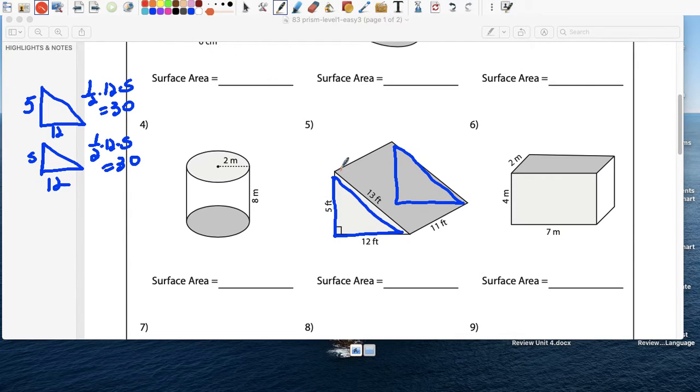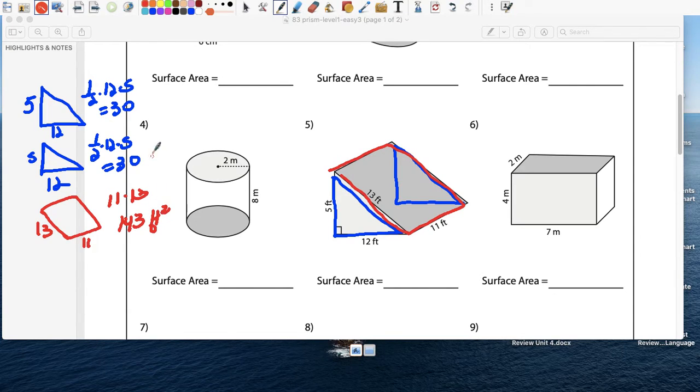Now we're going to do this part here. This is a 13 by 11, and base times height, right? 11 times 13 is 143 feet squared.